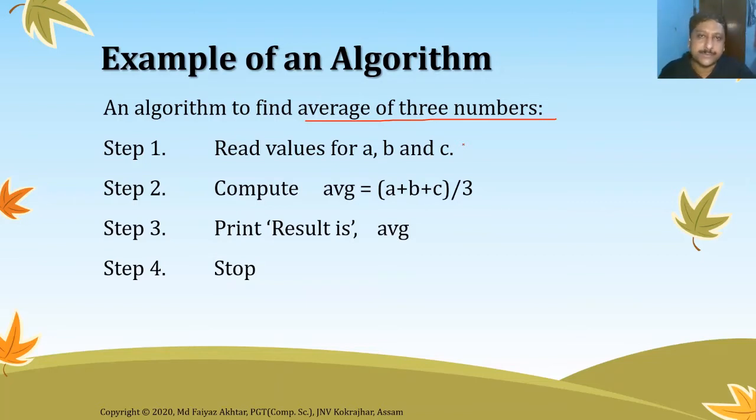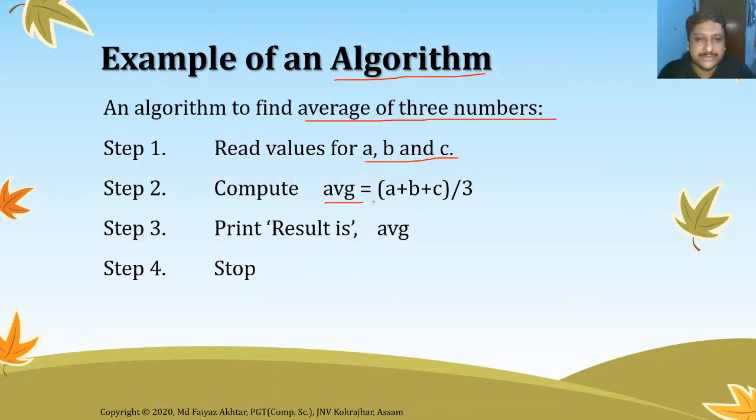To solve this problem, how can we write the algorithm? We write step 1, step 2, step 3, step 4. In a step we have to clearly mention what input we need: read values for A, B, C, in English-like words. Then compute the average, AVG equals A plus B plus C divided by 3.